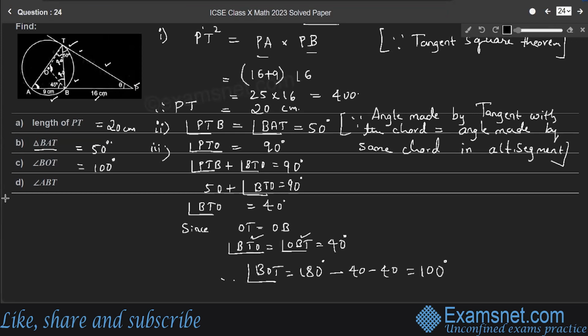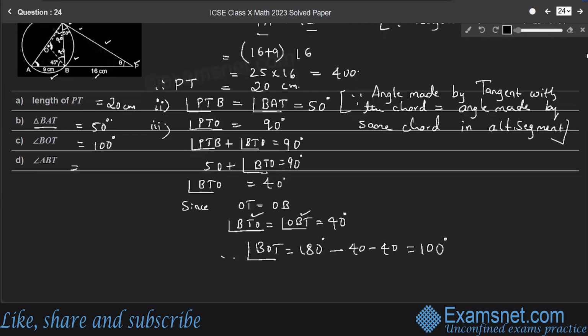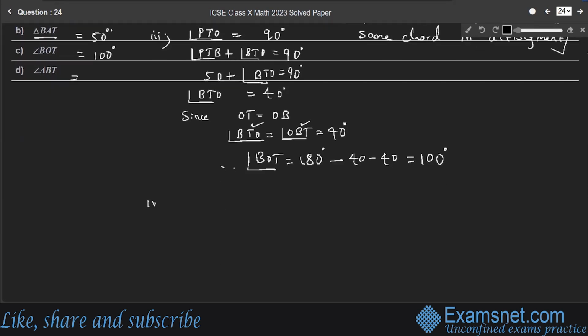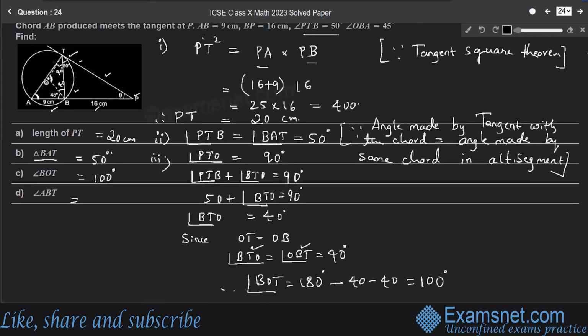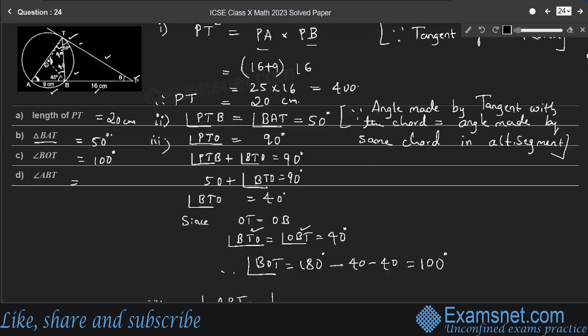So next question, to find angle ABT, the fourth question. It's very easy. Angle ABT is equal to the sum of two angles, ABO and OBT.